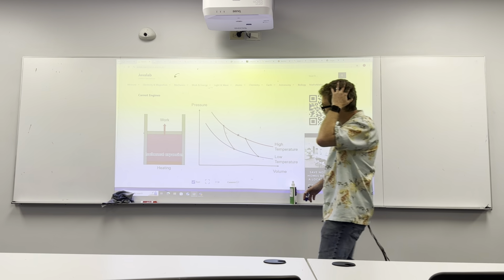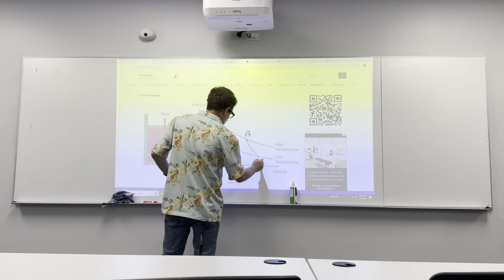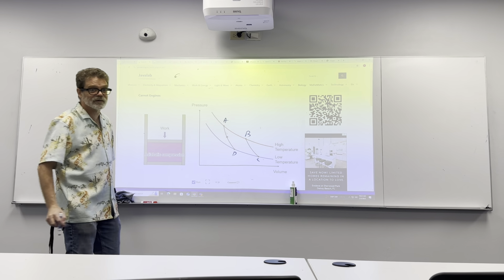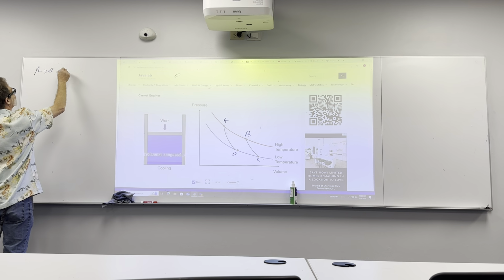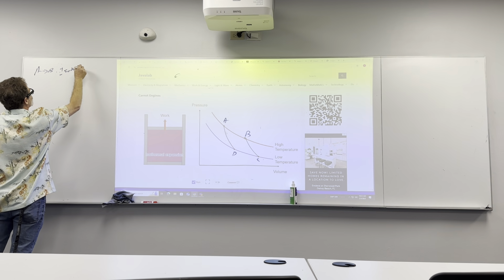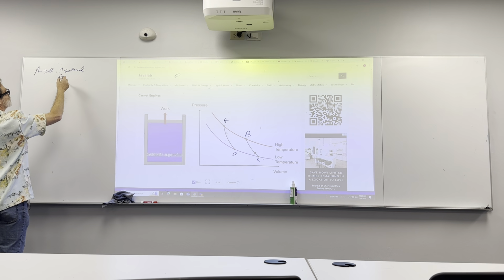Okay, so let's call these points A, B, C, D. These are my 4 points on the cycle. A to B is what kind of process? Isothermal. Which means what? Delta T is 0.